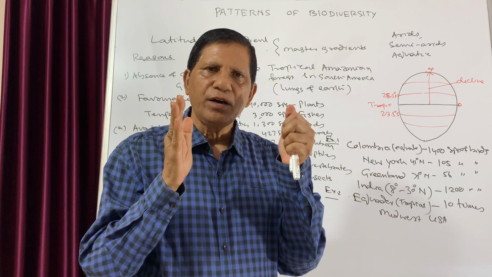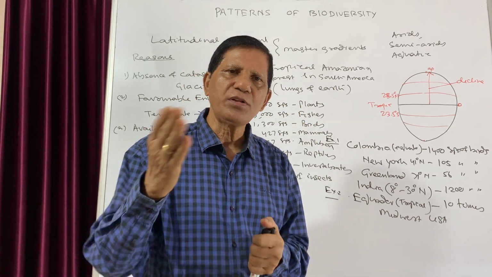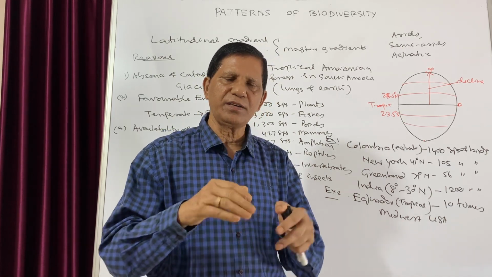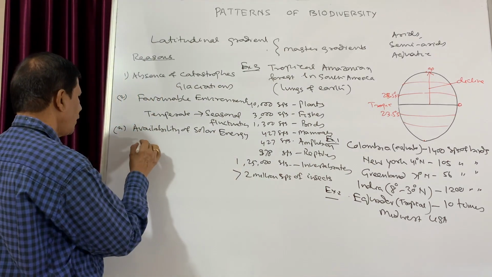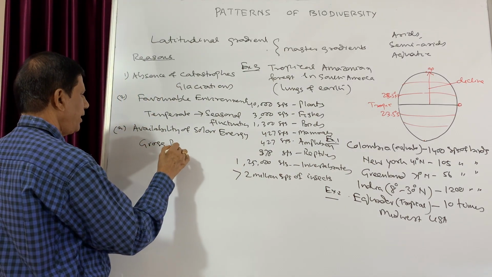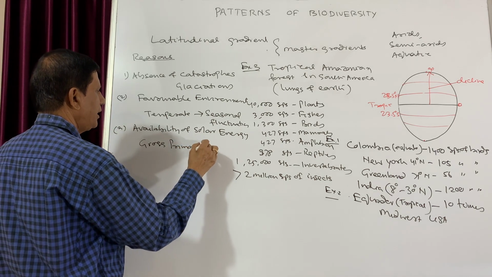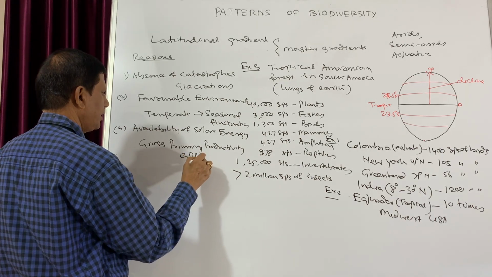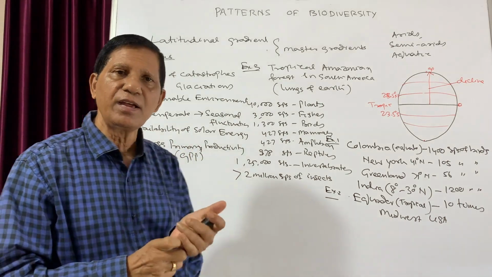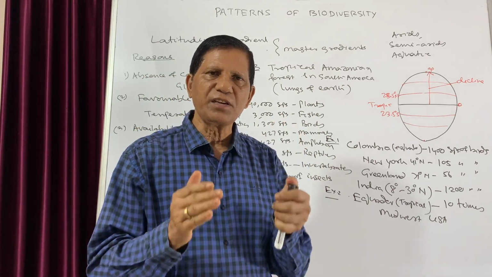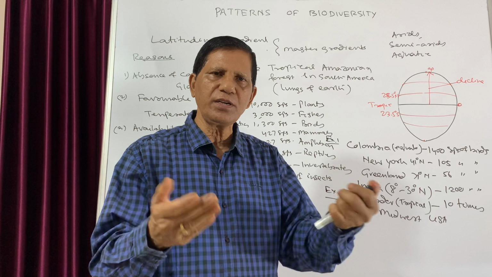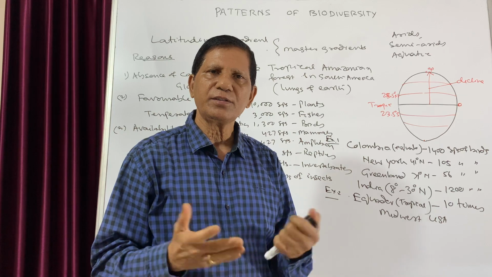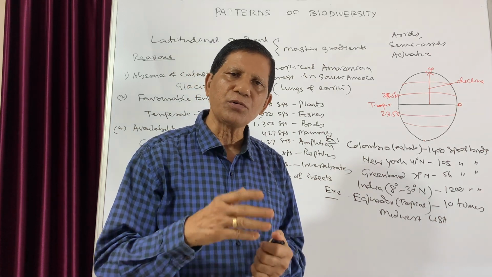In the tropical area, in the equatorial region, the solar energy is sufficient throughout the year, so the gross primary productivity, in short GPP, is very high, because the plants get sufficient solar energy throughout the year. But in the temperate and the polar areas, sufficient solar energy is not available throughout the year.